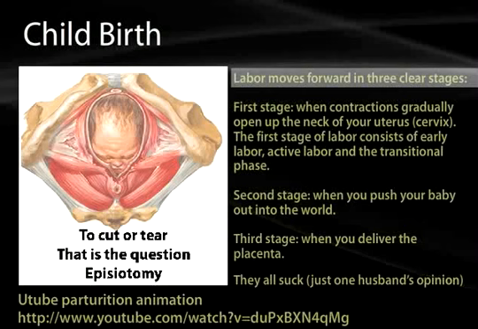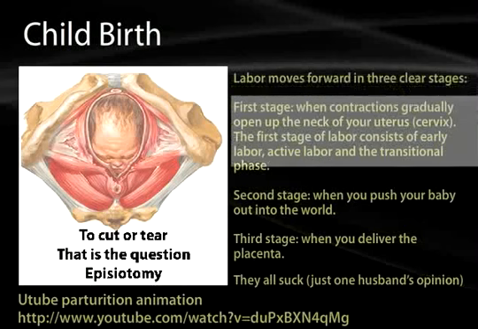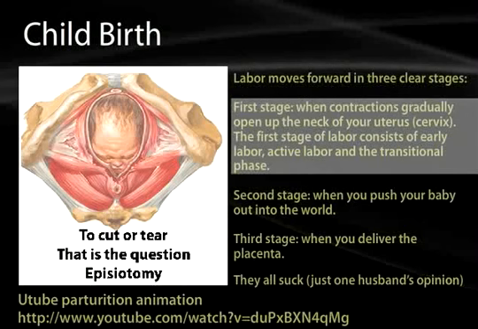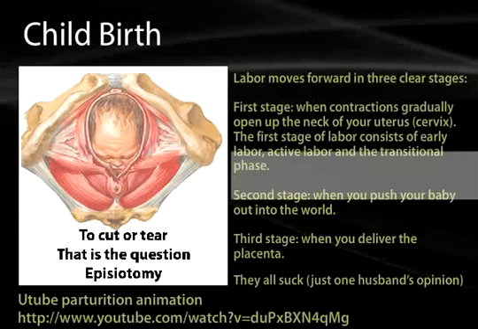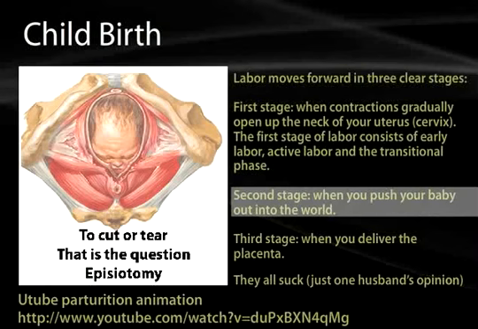Now we'll move on to childbirth and the labor. The actual birthing of the child, which is definitely going to hurt, has 3 basic stages. The first stage is going to happen when there's contractions that are building up gradually to open up the neck of the cervix. And that first stage is going to consist of early labor and then active labor as the transitional phase.